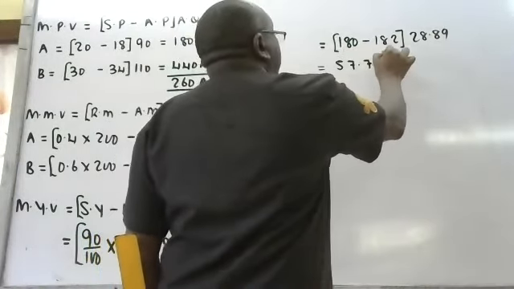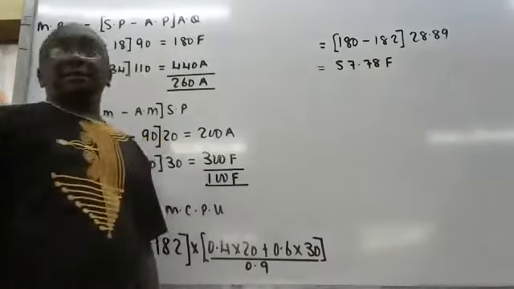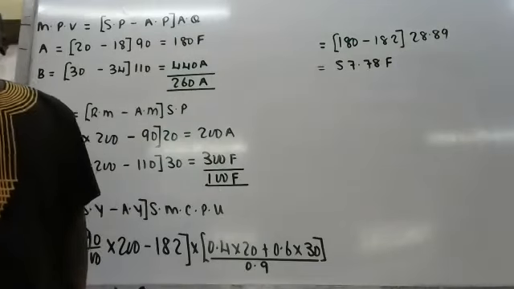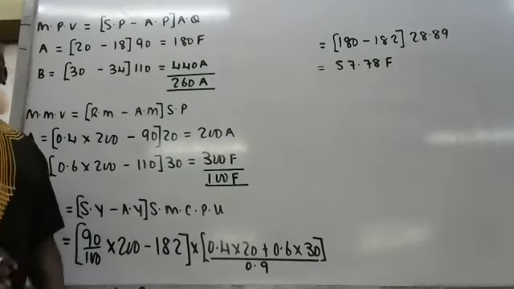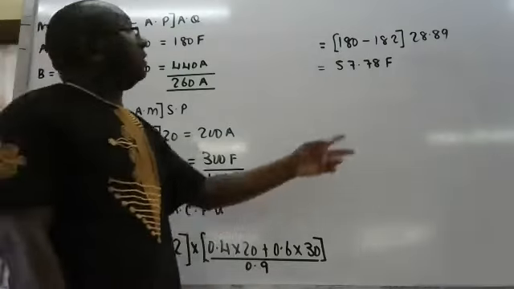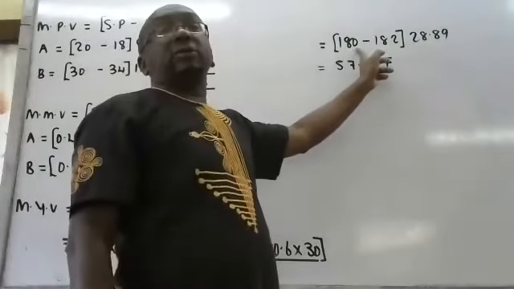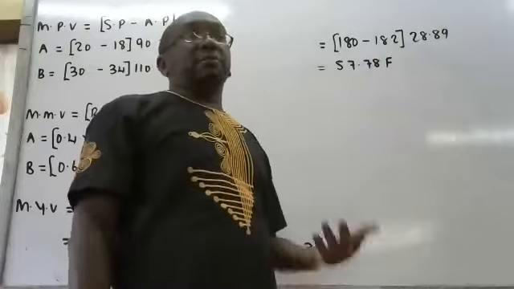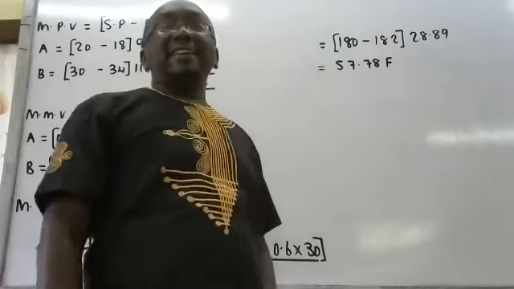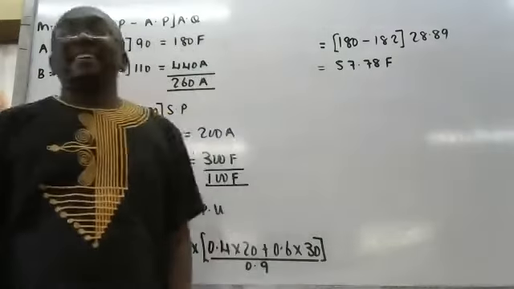Favorable. It is favorable because we should have got 180 and we got 182. So if you get more, you go home crying.